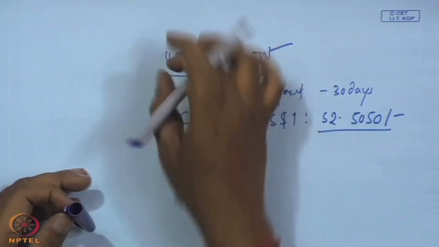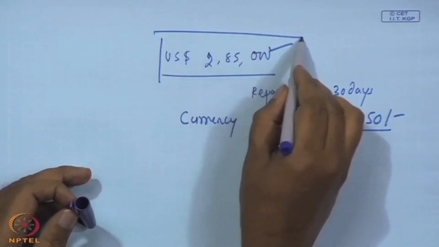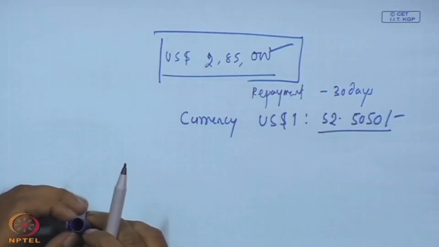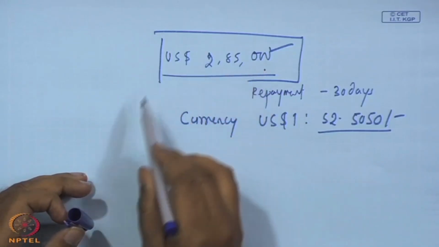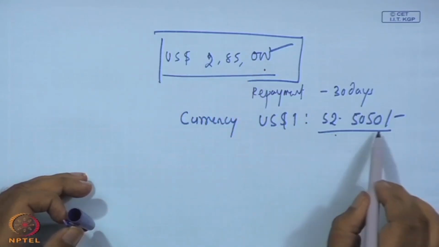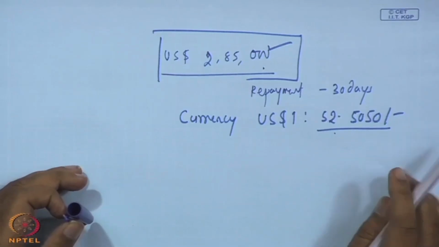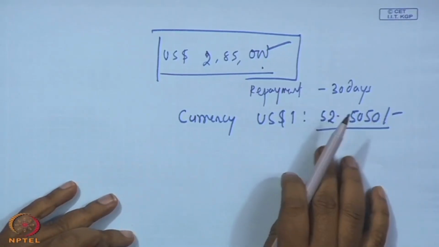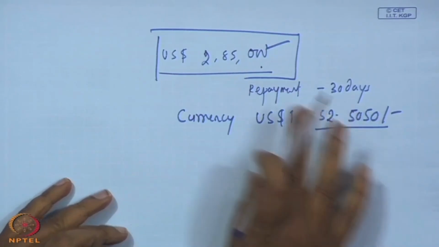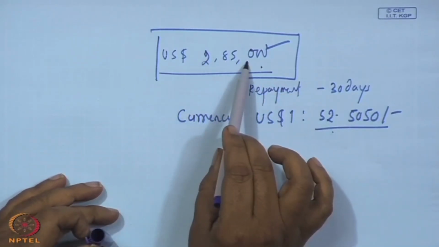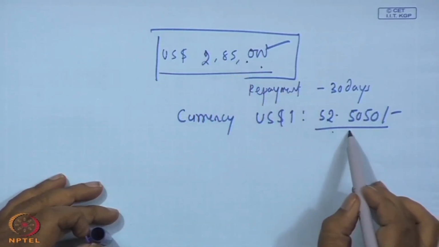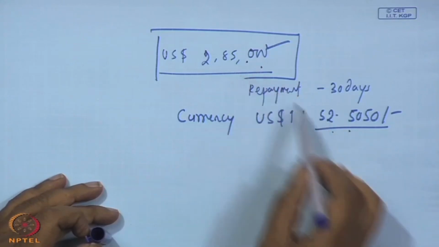The transaction is an export amounting to US dollar 2,85,000 at the current rate of 52.5050, but this may not remain the same. So, whenever the person gets $2,85,000, the rate may not continue, and it creates transaction exposure.